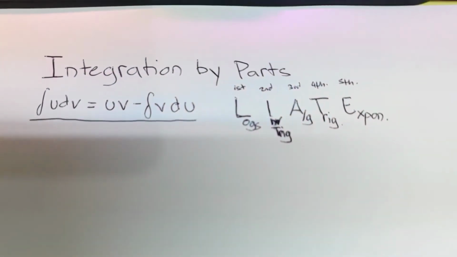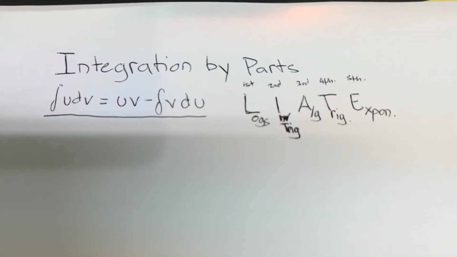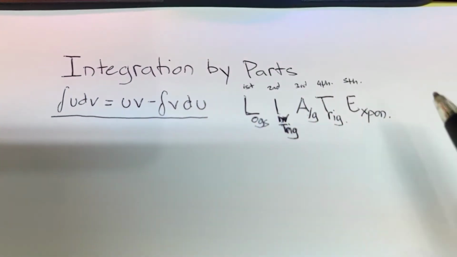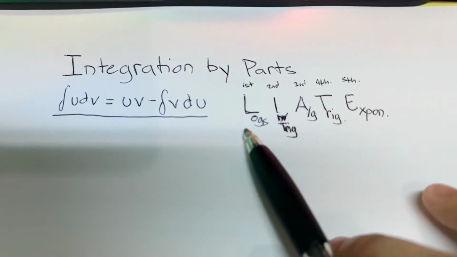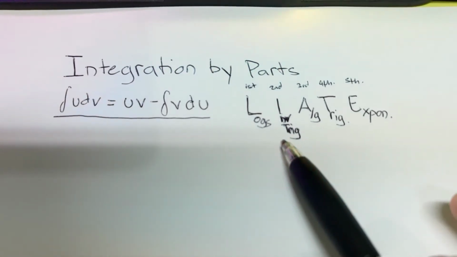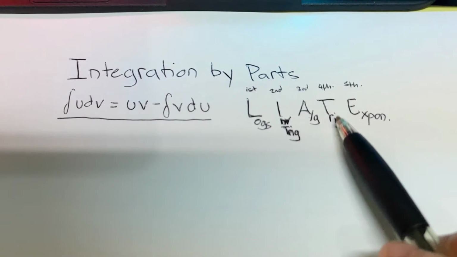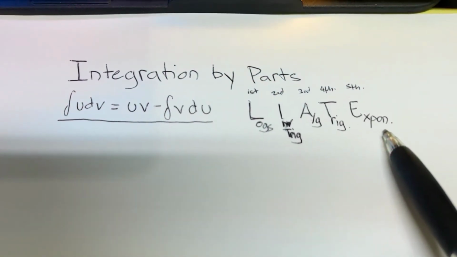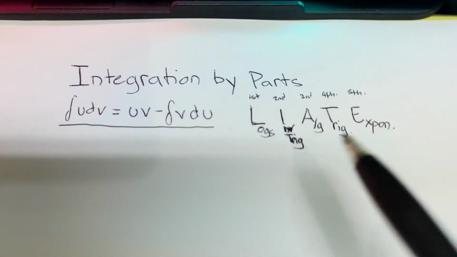So how do you choose your u by using LIATE? As you can see, L comes first, I second, A third, trig fourth, and fifth exponential. So you can choose your u by following this.